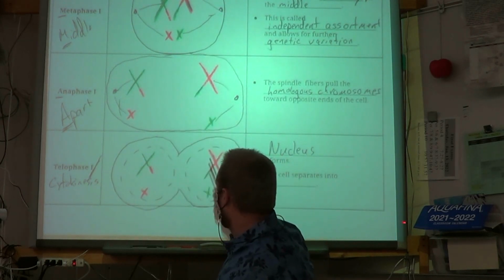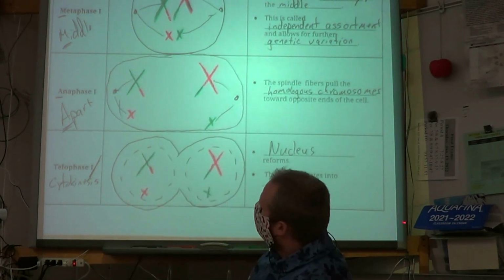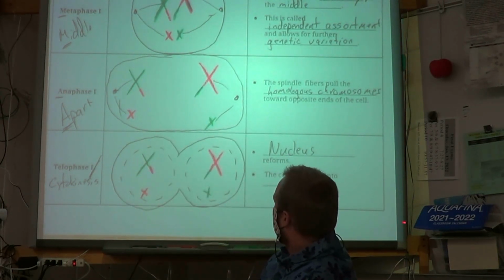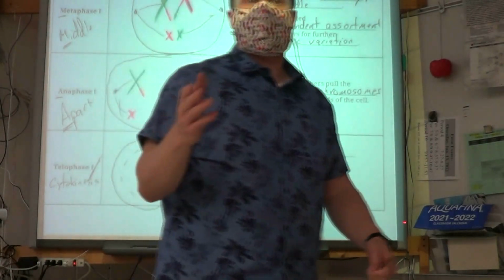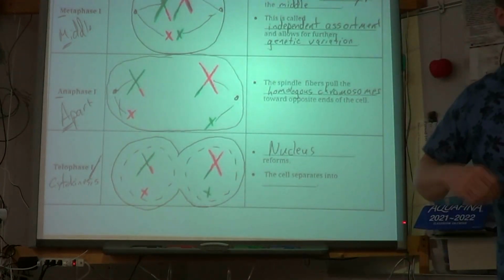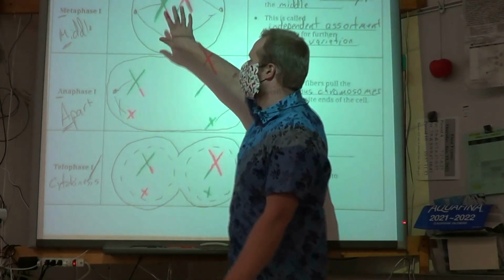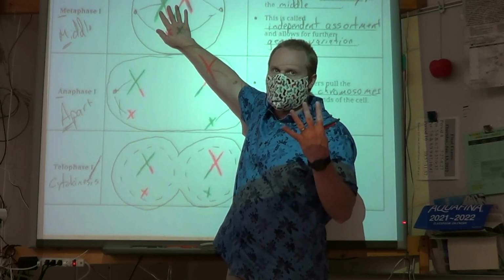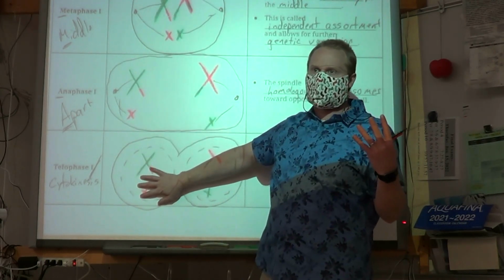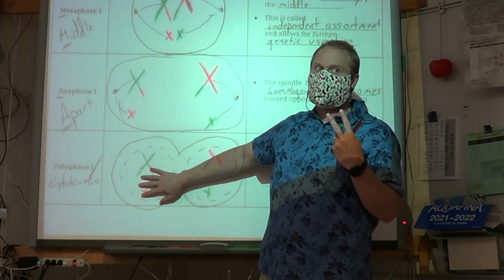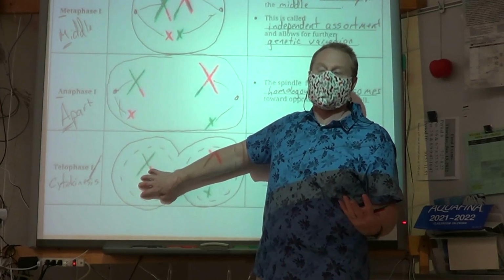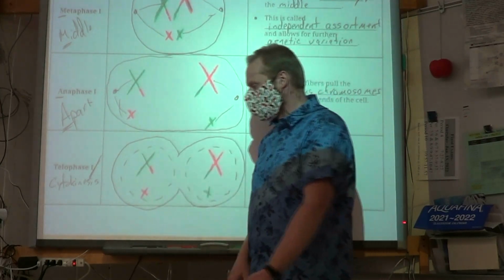Now all I did is I divided that. Now, imagine for a second that it actually pinches completely and the nucleus completely reforms. And we end up with how many cells? 2. Now, how many chromosomes did we have up here in a cell? We had 4. And down here we have how many in each cell? 2, which is half of 4.